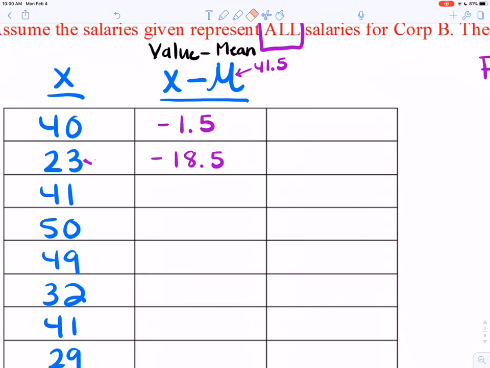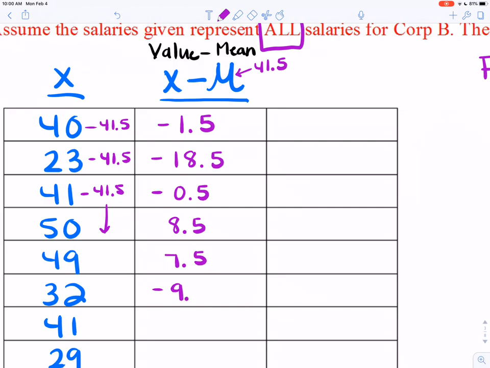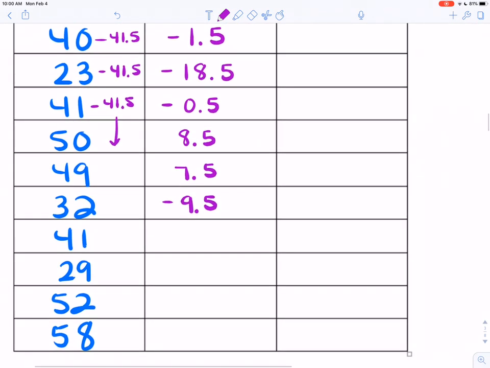Okay, so again, all I'm doing is I'm taking each data value, and I am subtracting that same mean of 41.5, and this is what I'm putting in my second column. All right, so I'm going to go ahead and fill this in with each one of my differences or my deviations. Notice some are negative, some are positive, based on whether my value is above the mean or below the mean.